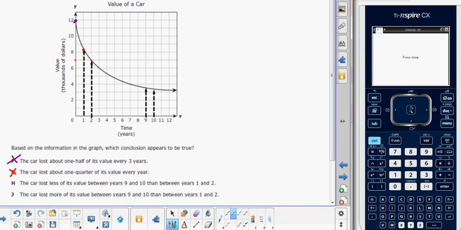You see right here, the car did not lose a lot of value, maybe a couple of hundred dollars. But here, from 8,000 to 6,000, that's $2,000 lost in value. Here, maybe a few hundred. Could be 300, 200, something like that, but it's less than 1,000. So technically, the car lost less value between 9 and 10 than between 1 and 2.